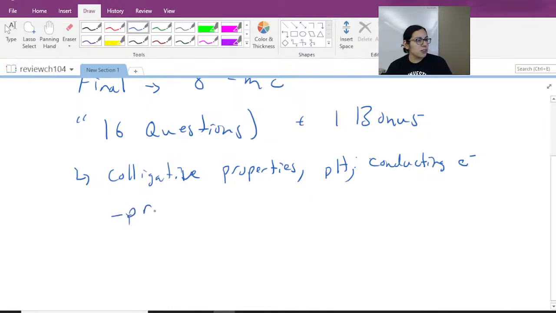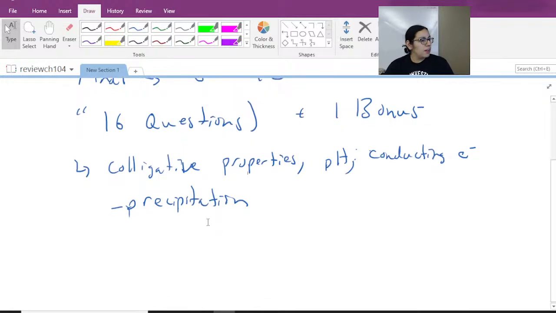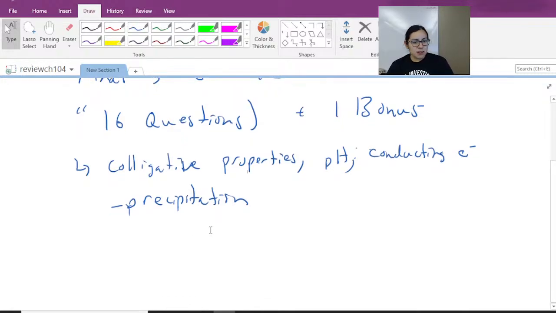Precipitate mixtures. So determining, do 2 things precipitate? A little bit of gas laws type of things. Those salts, whether they're acidic, basic, neutral, that's a multiple choice question.